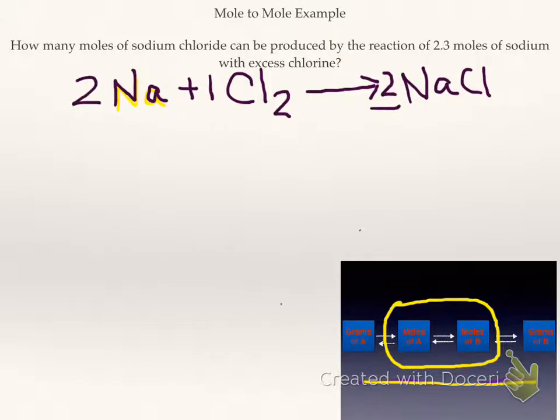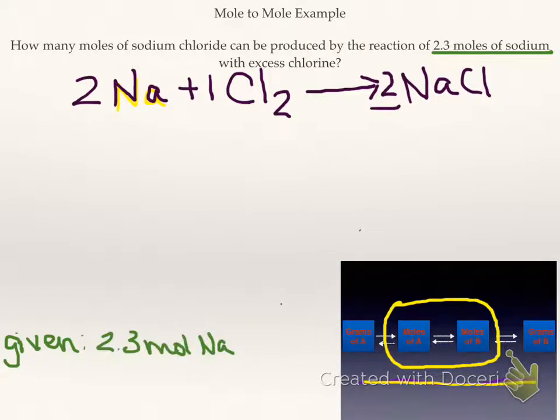Now, when we get into our problem, let's look at what we need to think about. How many moles of sodium chloride can be produced by the reaction of 2.3 moles of sodium? Our given in this problem is 2.3 moles of sodium.